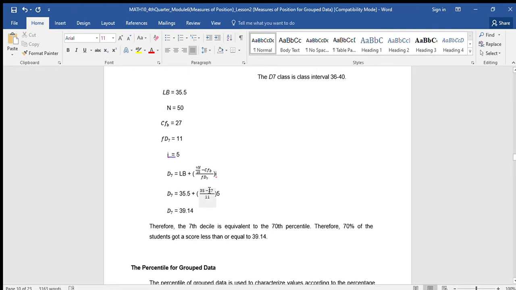So 35 minus 27, that's 8, over 11 times 5 plus 35.5, that's 39.14, which means that the 7th decile is equivalent to the 70th percentile. Therefore, 70% of the students got a score less than or equal to 39.14.